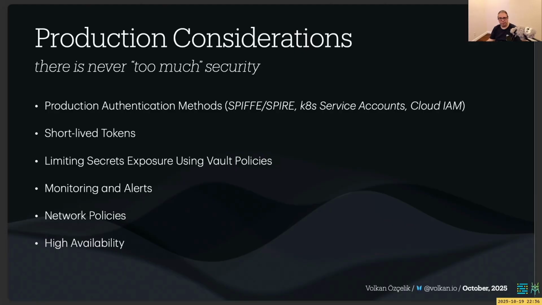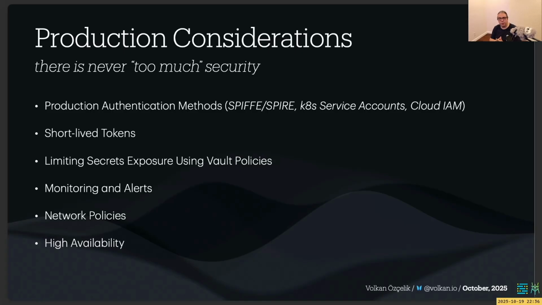One of them is SPIFFE/SPIRE, the cryptographic workload identity with zero manual configuration and automatic credential rotation. It's used pretty much everywhere. Microsoft Entra ID uses it, GCP uses it, Amazon, some identity control plane that I don't remember uses that as well. So that's a really solid choice.